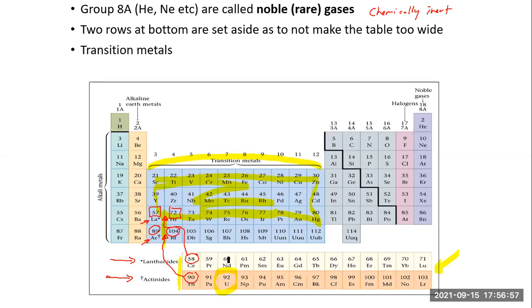You need to know which elements are metals, non-metals, and metalloids. And you need to know the special names of those groups: the alkali metals, alkaline earth metals, halogens and noble gases, and where the transition metals are. Any questions on the periodic table?